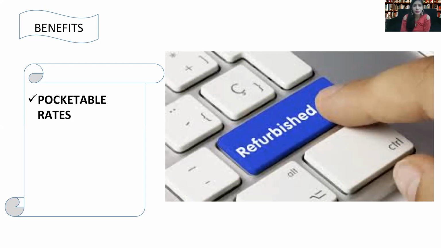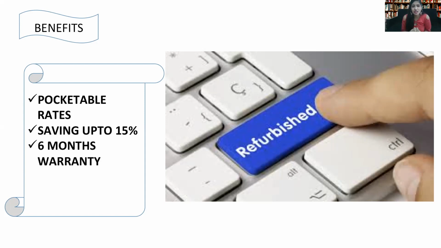So these pocketable rates allow you to have savings. Yes, you get to have savings, and savings play a very important and vital role. We already know that brand new products have a warranty period of 1 year, but we offer you refurbished products with 6 months warranty.